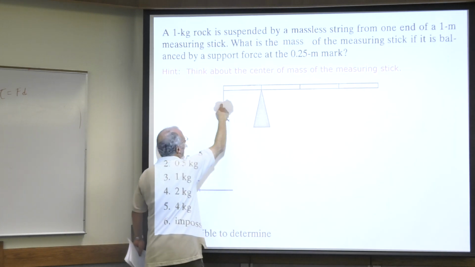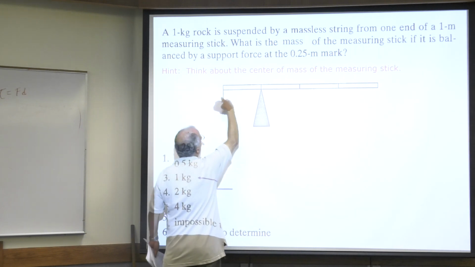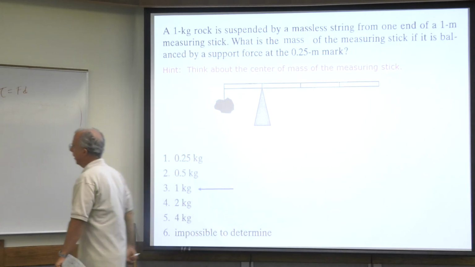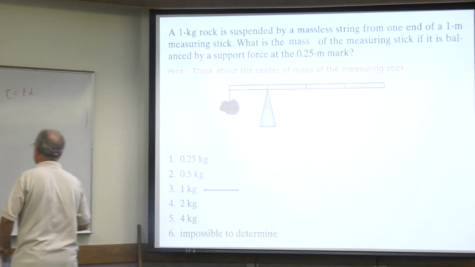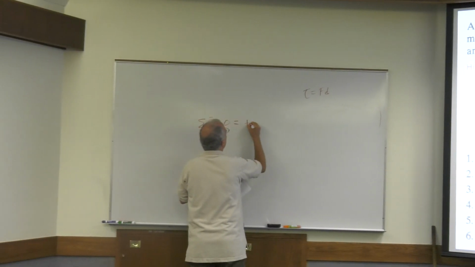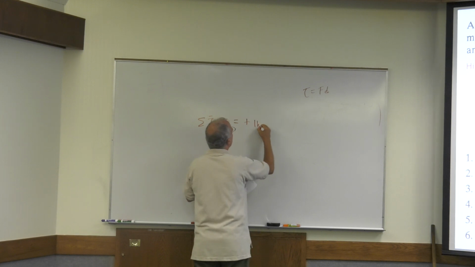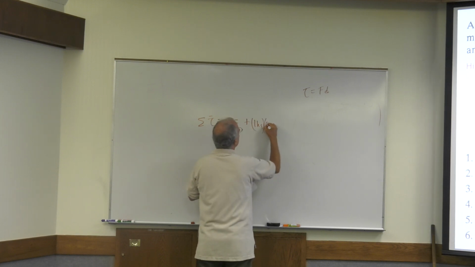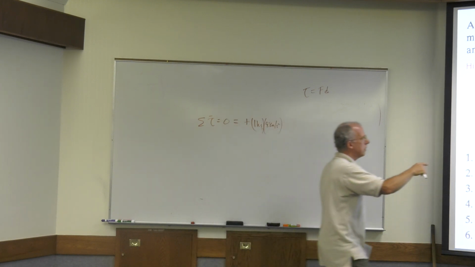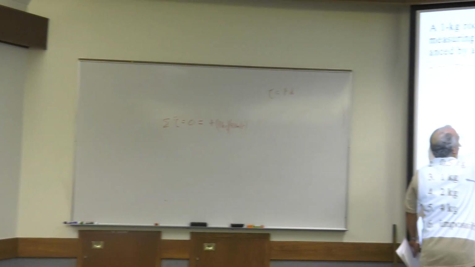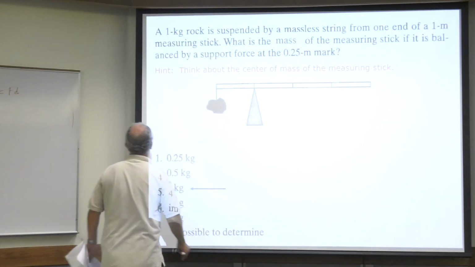Now what's the direction here? Counterclockwise, so it's a plus. I'm going to put a plus just to emphasize it. So it's plus 1 kilogram times 9.8 meters per second squared. That's the force. The lever arm, the perpendicular distance, is 0.25 meters.